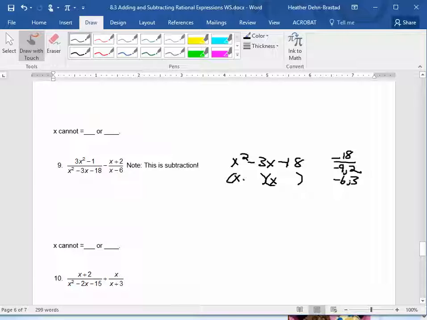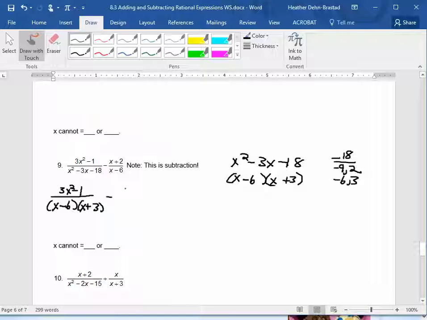So I put in -6 plus 3. Another hint is that the other fraction's denominator might be a good hint at what you will need to use for your factors. So the numerator is 3x squared minus 1. Now I'm going to write this as my factors. X minus 6, x plus 3.